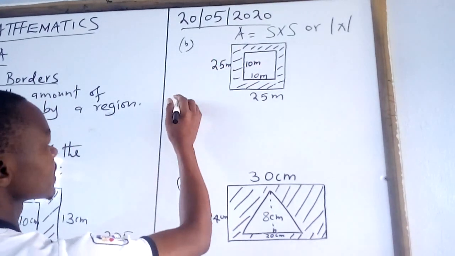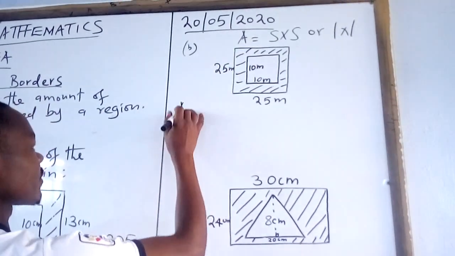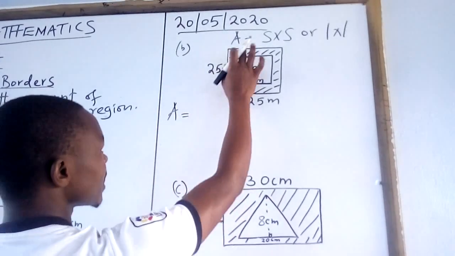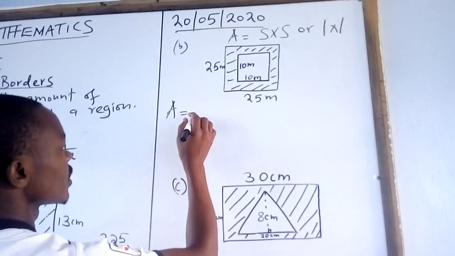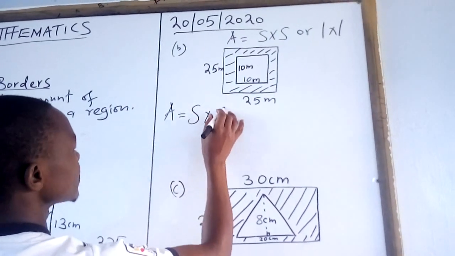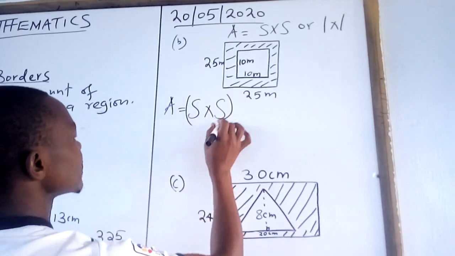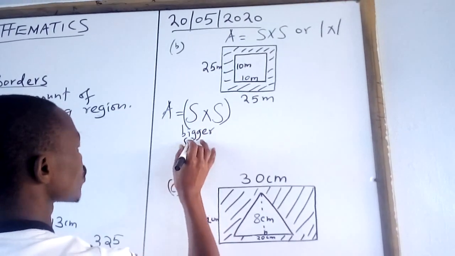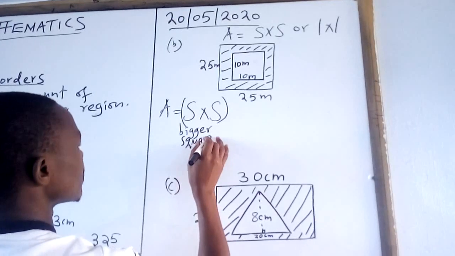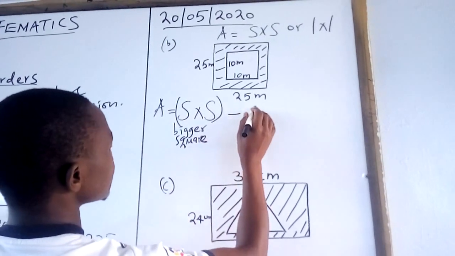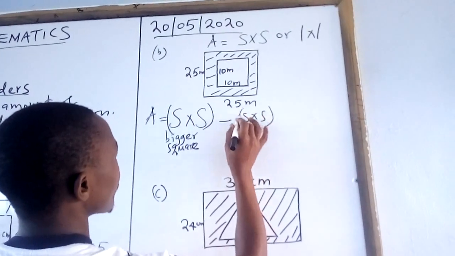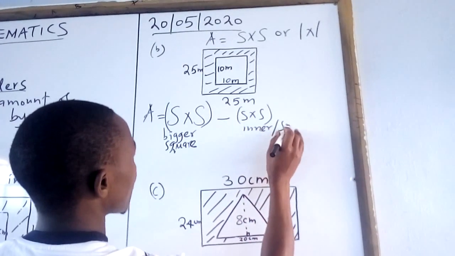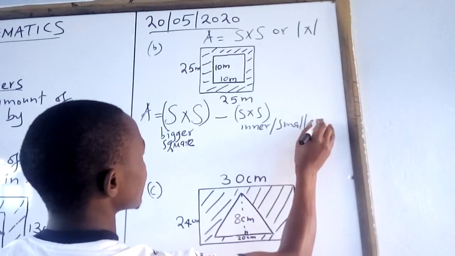Now, let us begin by writing this formula again here: area of the shaded part is equal to side times side for the bigger square, minus side times side for the inner or the smaller square inside.